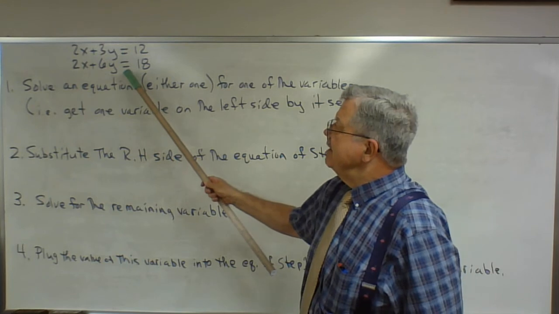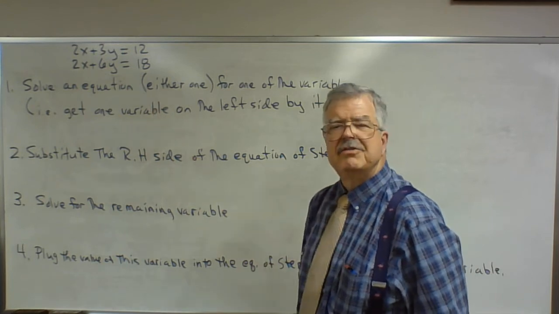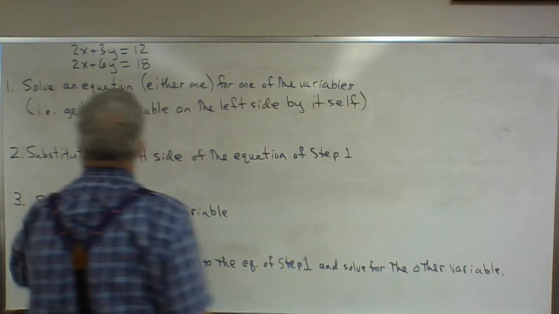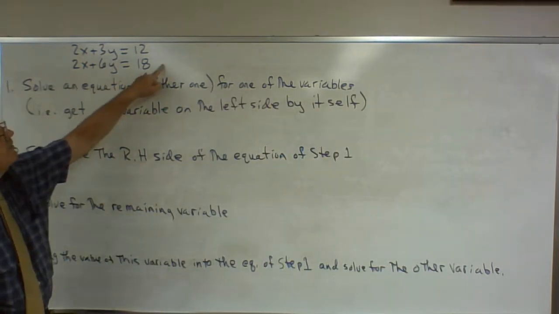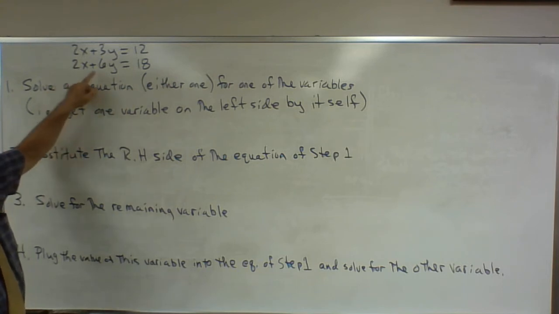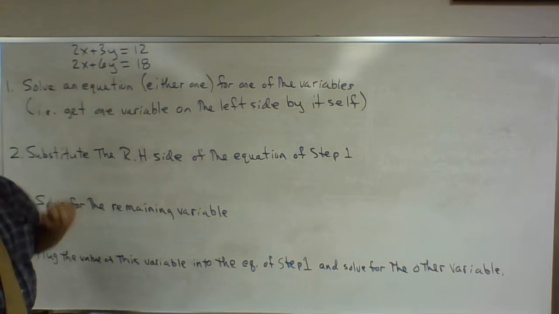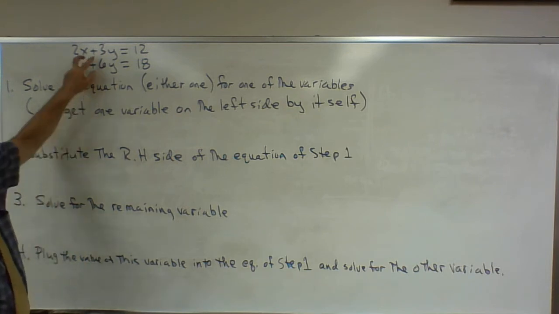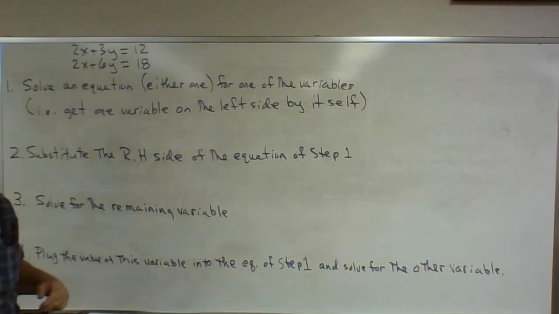And I'm going to take the second one because here's what I'm thinking. I'll move the 6y to the other side, and then I'll divide both sides by 2, and I'll get whole numbers. I don't see that happening here.